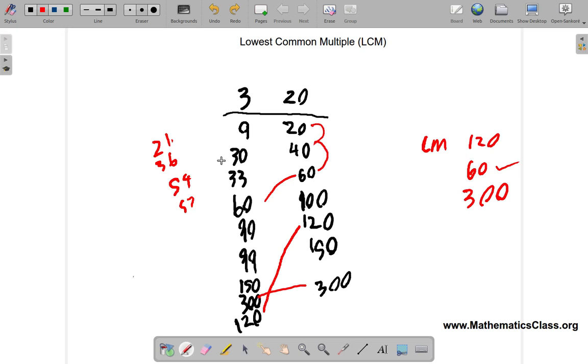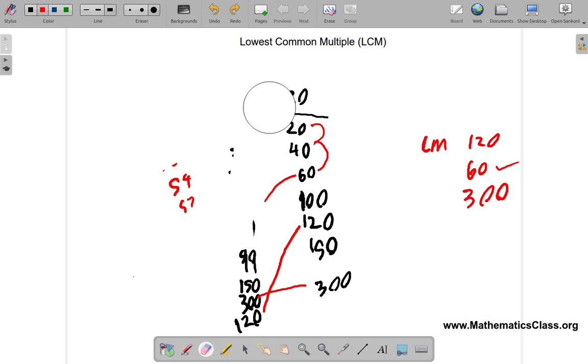So even though we're talking about 54 and 36 and so on and so forth, these would not be common. But what that means, we just have to work with the 60. 60 is the lowest common multiple of 3 and 20. So we have 60 as the LCM of 3 and 20. Alright? So that's the lowest common multiple there.